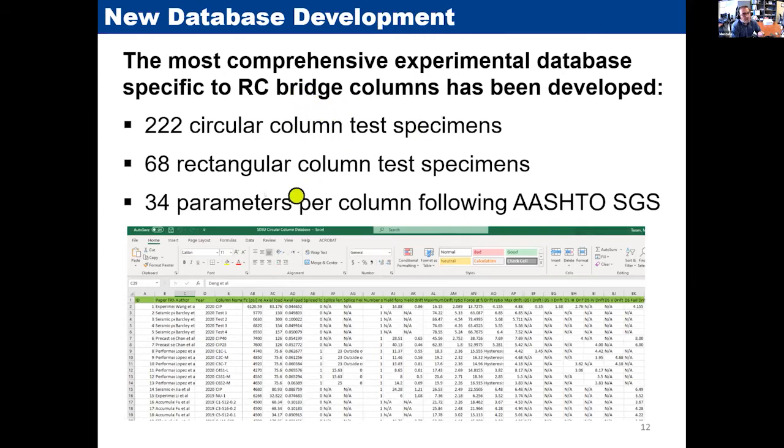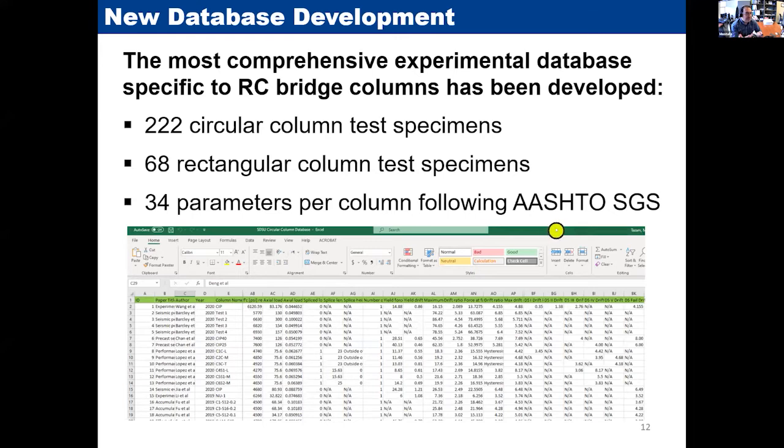The new database includes more than 220 circular columns and 68 rectangular columns. And we collected 34 parameters per test, and we put them in a spreadsheet for everyone to use. All of these definitions, like axial load, cover concrete, and yielding, are based on AASHTO.